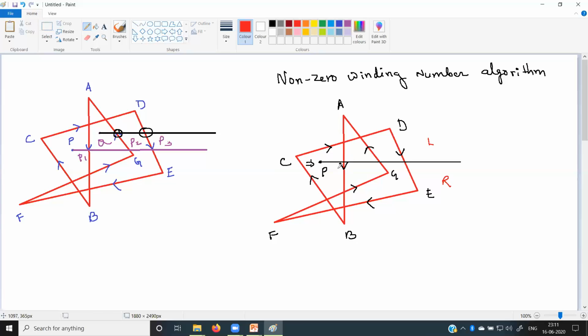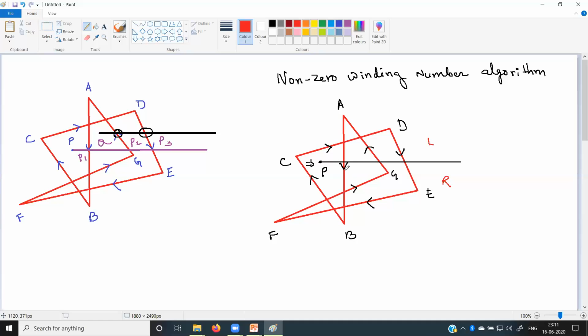Now we will check with which edges this scan line intersects. Here this scan line intersects with the edge AB.